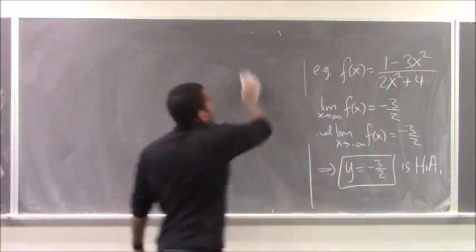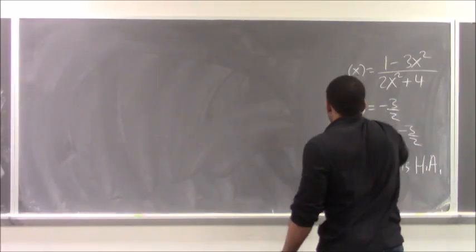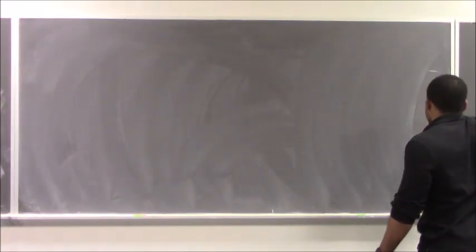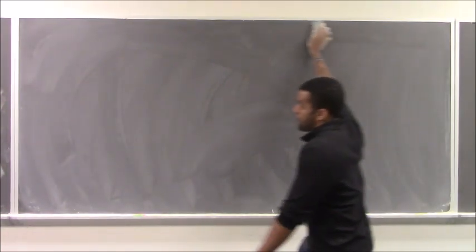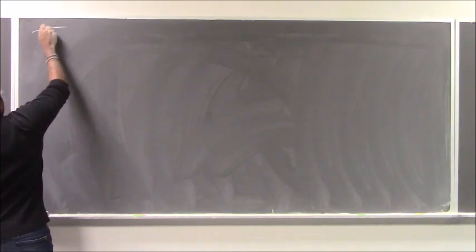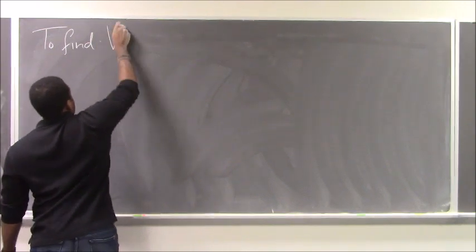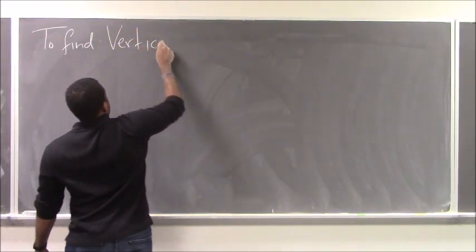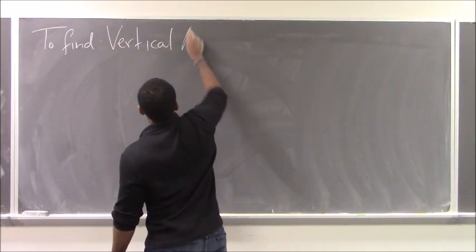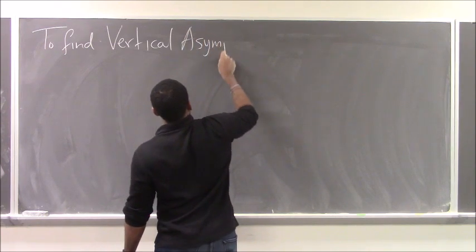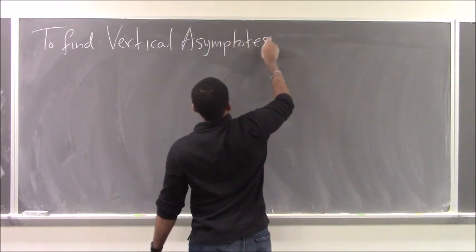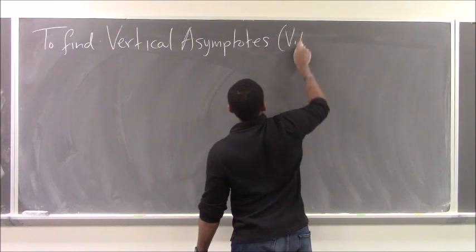Let's talk about finding vertical asymptotes, which I'll abbreviate to VA.